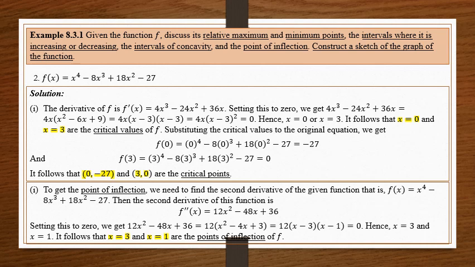Then sa second term, we left with 6x. Then sa last term is 9. Or we can express this one as 4x times x minus 3 times x minus 3, no? Kasi ang factors nito is x minus 3 times x minus 3. Or, pwede din siyang ma-express as 4x times x minus 3 quantity squared.